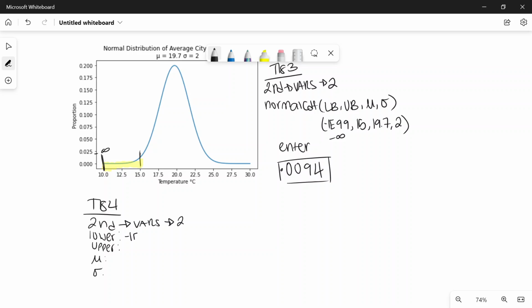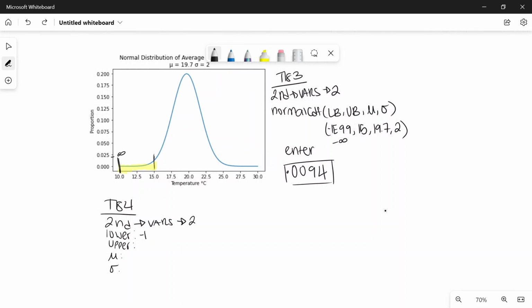So again, -1E99, 15, 19.7, 2, and then at the bottom there's a paste label, and when you hover over it, it turns black, and when it turns black, you just click enter, and then it should also give you 0.0094, right? And so that's the area over here, 0.0094.